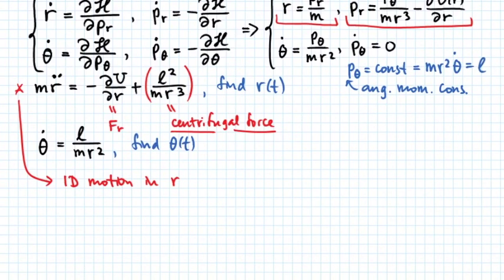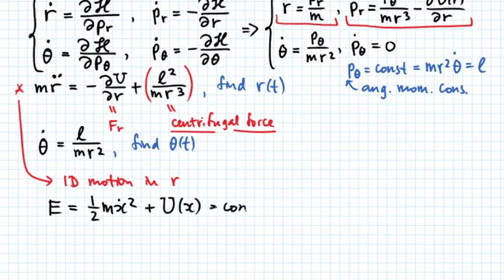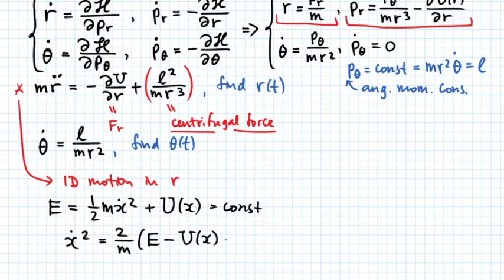How do we solve one-dimensional motion when subject to a conservative force? Energy is given as kinetic term plus potential energy, and it's constant. Then we can note that we don't even need to write the equation of motion, because from the conservation of energy we have x dot squared equals 2 over m times energy minus U of x.